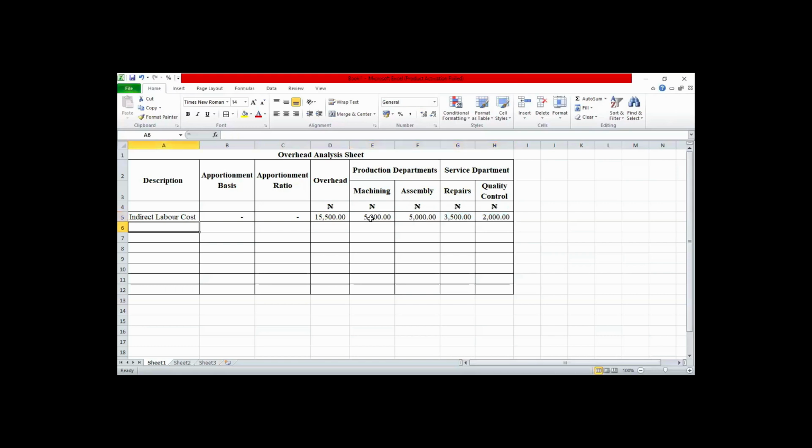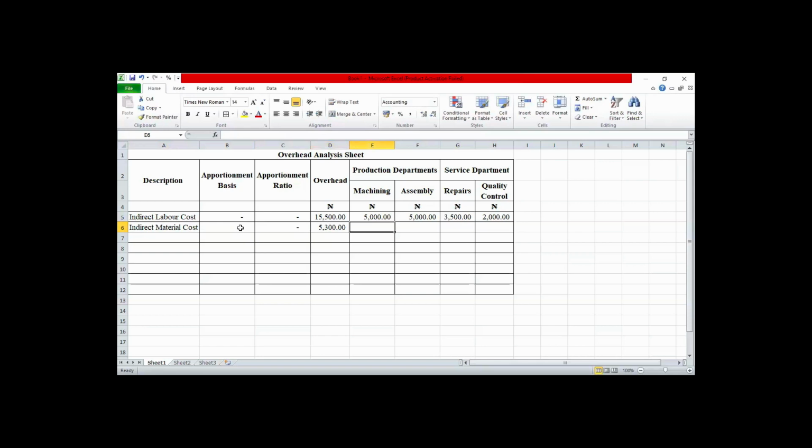The next one, indirect material. That one too has no allocation, no basis of apportionment. How much is the overhead there? 5,300 for indirect material.